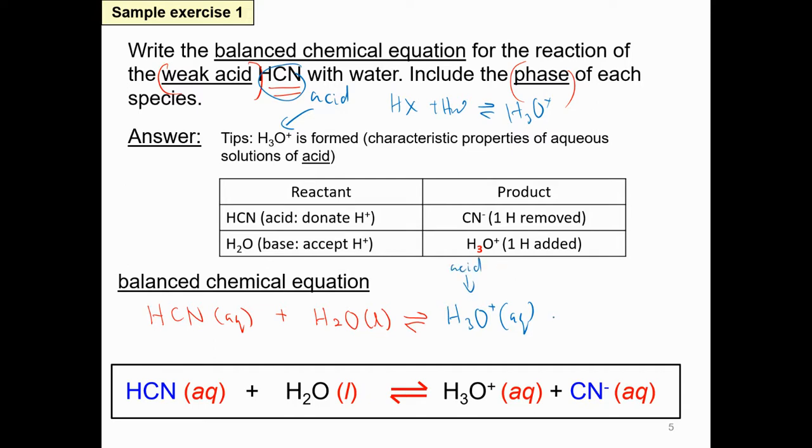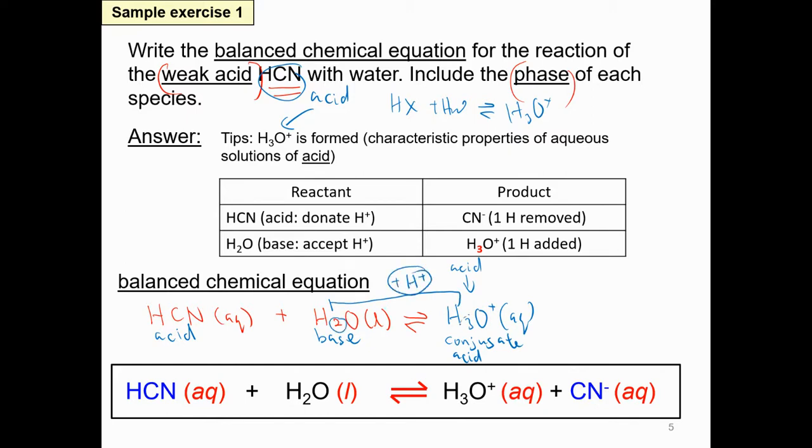Then, since one is acid, water will react as base. So this part has been balanced. So base becomes conjugate acid because from here to here, one proton has been added.